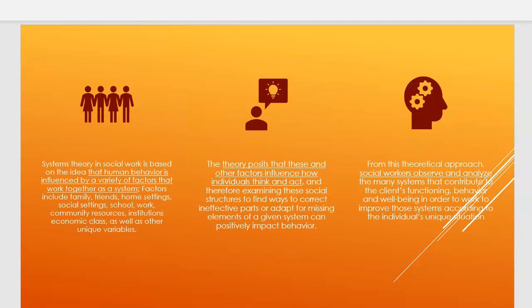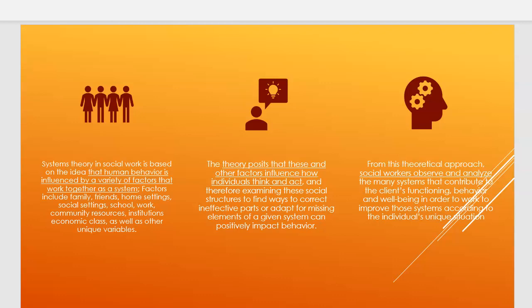Social workers use a systemic perspective very often. It's part of our skill set as social workers. It's part of how we view our clients and the communities in which we work. Systems theory in social work is based on the idea that human behavior is influenced by a variety of factors that work together as a system.